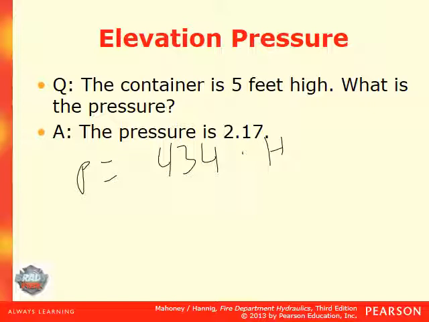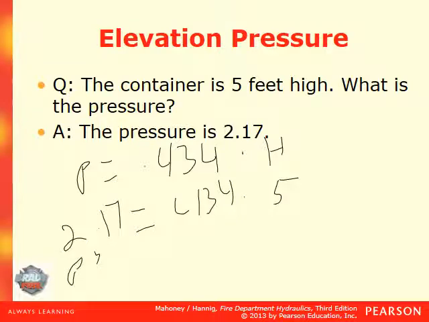Our height is 5 feet. So 0.434 times 5 equals 2.17. And that is what? 2.17 pounds per square inch, or pressure. Don't forget to mark your measurements so you don't get confused.